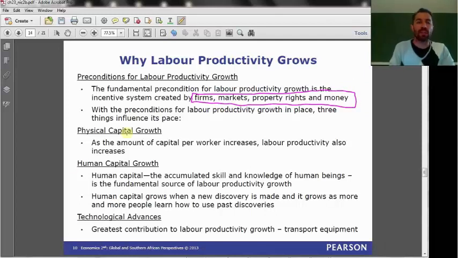Well, the one thing that it does is it stimulates physical capital growth. In other words, as the amount of capital per worker increases, so labor productivity increases. Okay? In other words, you have a bunch of laborers with pickaxes and spades digging in the ground to do some mining.